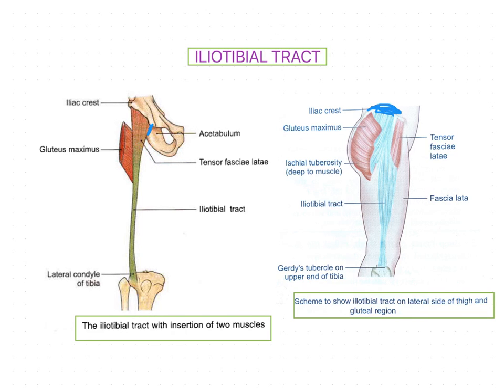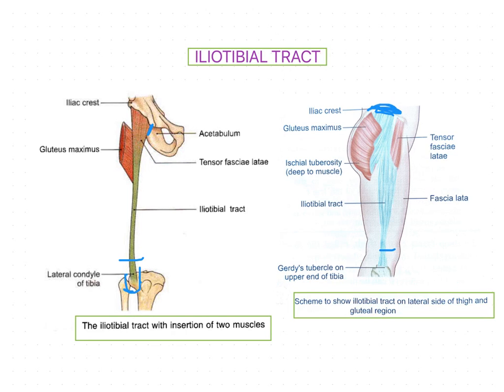If you see the inferior aspect, inferiorly it is attached to a smooth area on the anterior surface of the lateral condyle of the tibia. So this is the modification of the deep fascia which is thickened laterally, forming a 5 centimeters wide band called the iliotibial tract.